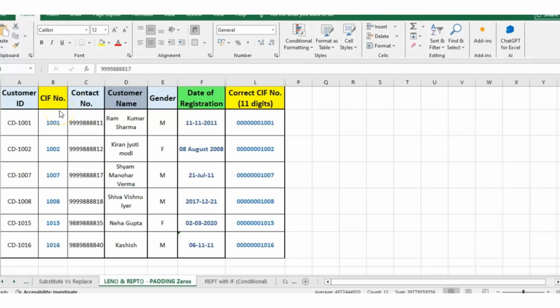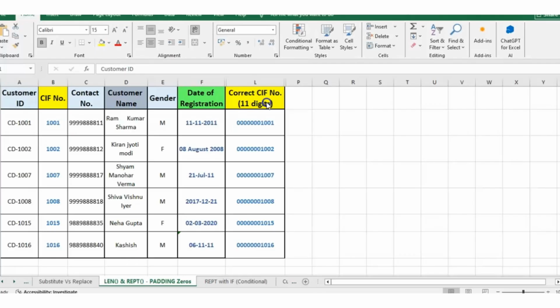We will be padding 7 zeros to the existing CIF number. If we take a string of 7 zeros and concatenate it with the existing CIF number, it will still remain a unique ID, and also the length of the updated CIF number would be 7 zeros plus the existing CIF number, which has 4 digits, making a total length of the updated CIF number as 11.